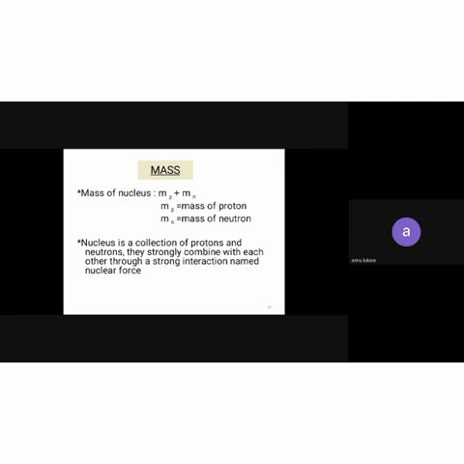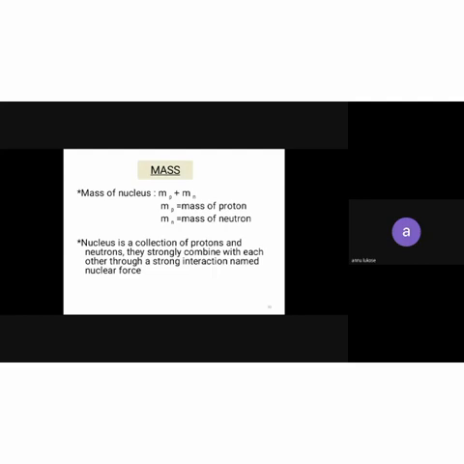According to Albert Einstein's special theory of relativity, mass and energy are equivalent and are expressed as E is equal to mc square, that is, mass multiplied by the square of the speed of light. A very small amount of mass may be converted into a very large amount of energy and vice versa.